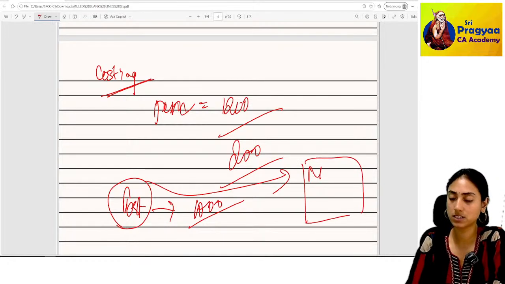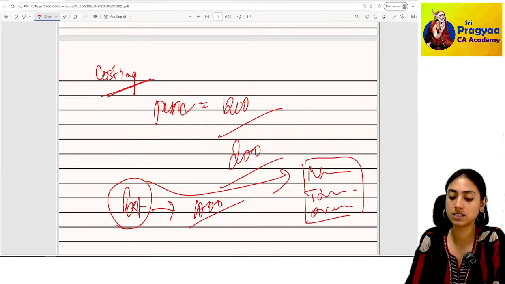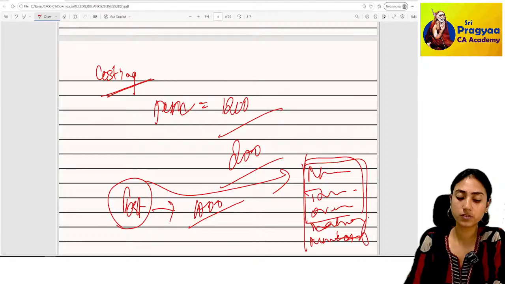It's not just manufacturing cost. Transportation is included. There's something called overhead, something called labor cost, and something called marketing cost. All these form part of this 1,000.